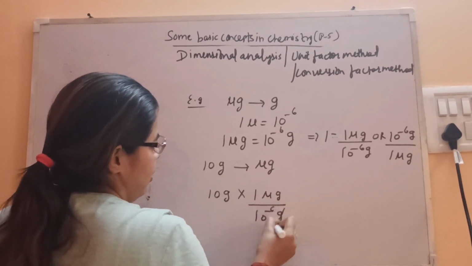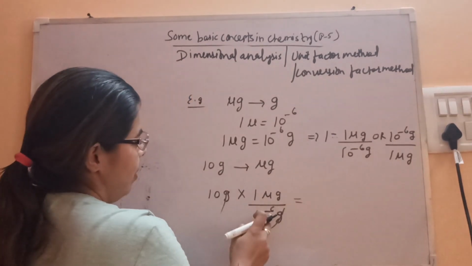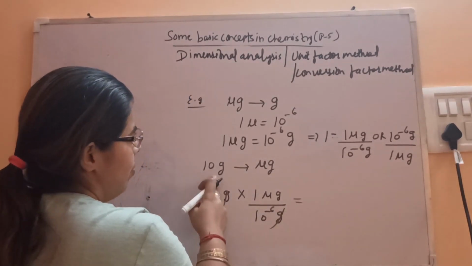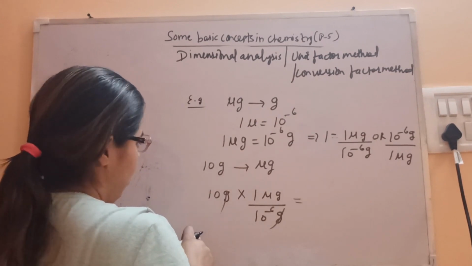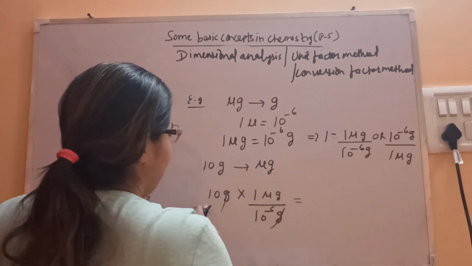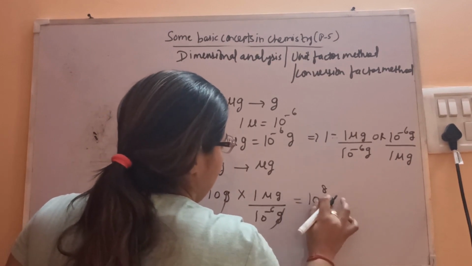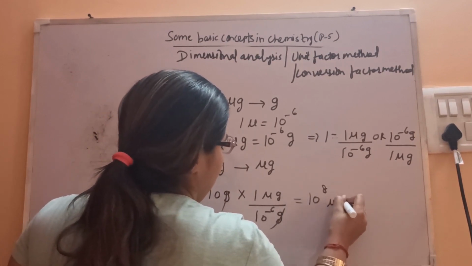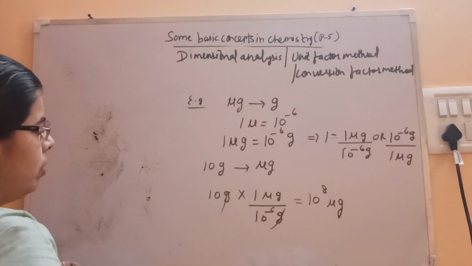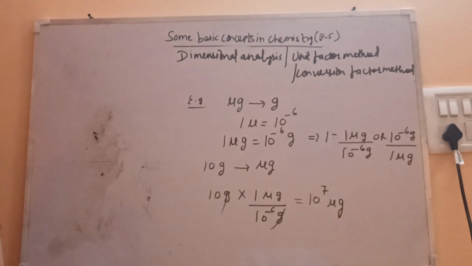Gram will get cancelled out, and the 10 to the power minus 6 comes from the denominator, so it will become 10 to the power 7. Sorry, not 10 to the power 8, it's 10 to the power 7 microgram.